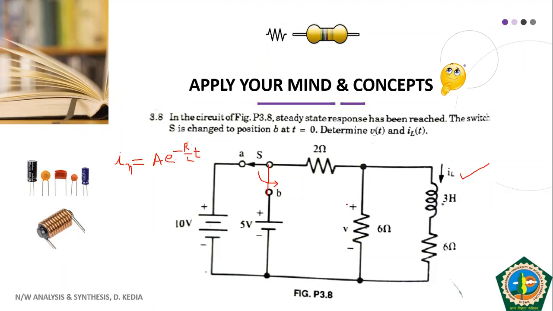Now we need to find the equivalent resistance across this inductor. We have to short the voltage source. This 2 ohm and this 6 ohm come in parallel. The parallel combination will be 6 into 2, that is 12, divided by 8, so 12 by 8, and then we have this 6 ohm in series. So R equivalent is 12 by 8 plus 6 ohm.